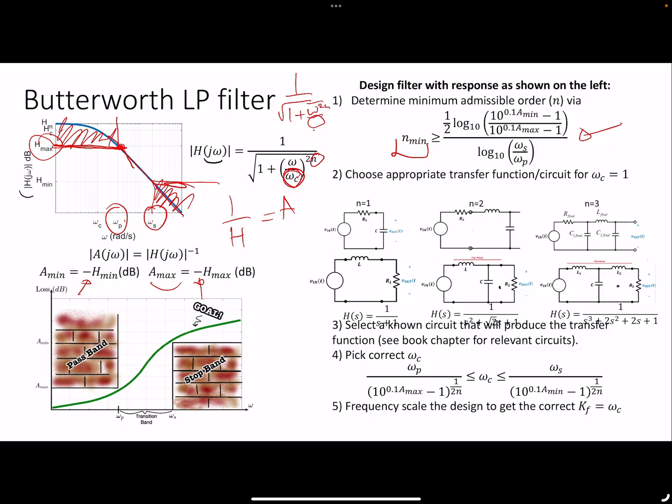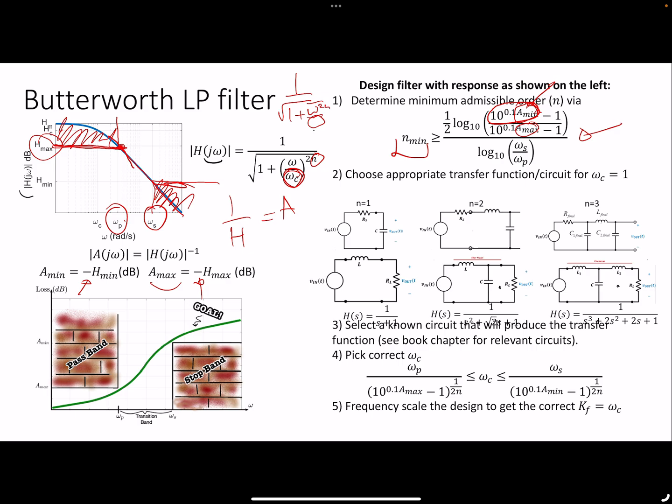And in order to evaluate that, we plugged in A min and A max in decibels. So look, this is a decibel to linear conversion, so you don't have to convert it. That's what this really is. This is taking a quantity in decibels, dividing it by 20, and then taking 10 to the power of that.